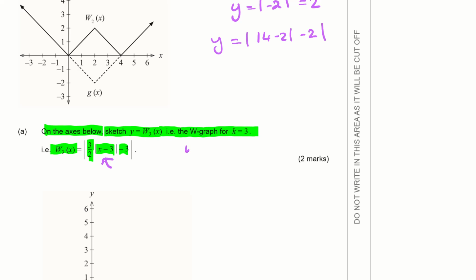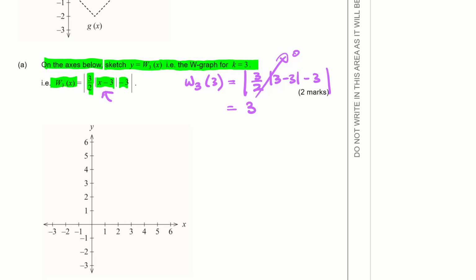So let's just do w_3(3), and then that is going to be 3 over 2 mod 3 minus 3 take away 3. So all of that bit is 0, so it's mod negative 3, which is 3. So we've got 3, 3 just there as being the peak of the graph.